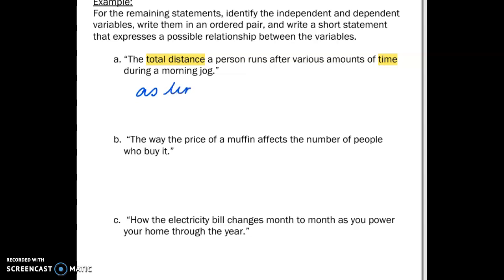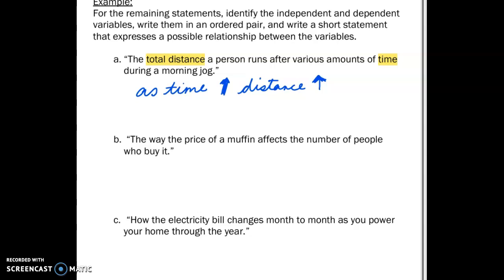As the time increases, so if you're running for a long amount of time, the longer you run, the longer the distance that you run. So if we were to discuss this as a linear relationship, as the time increases, the distance increases.